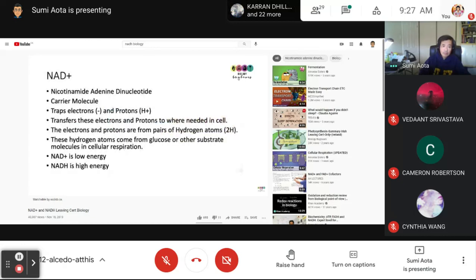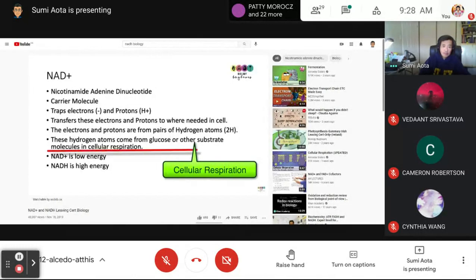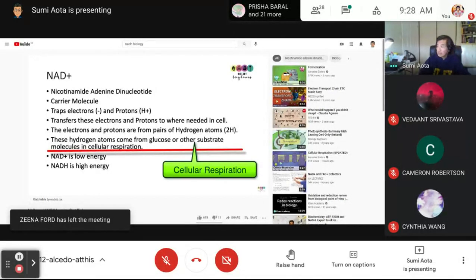So let's sum up. NAD+ is known as nicotinamide adenine dinucleotide. It's a carrier molecule and it traps electrons and protons and transfers these to where they're needed in the cell. The electrons and the protons are from pairs of hydrogen atoms, and because we're getting ready to study cellular respiration, we're stating that these hydrogen atoms come from glucose or other substrate molecules in cellular respiration.